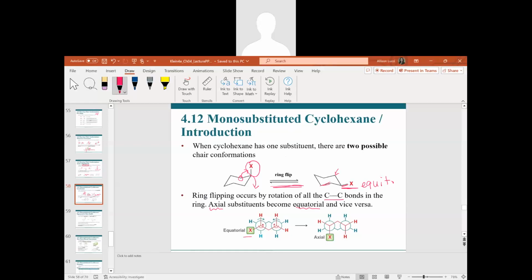So if we had our equatorial substituent here, we see this carbon in the front is rotating to the right. That carbon in the back is also rotated. And we end up with now that equatorial substituent being axial. And if we had others, they would switch positions as well.